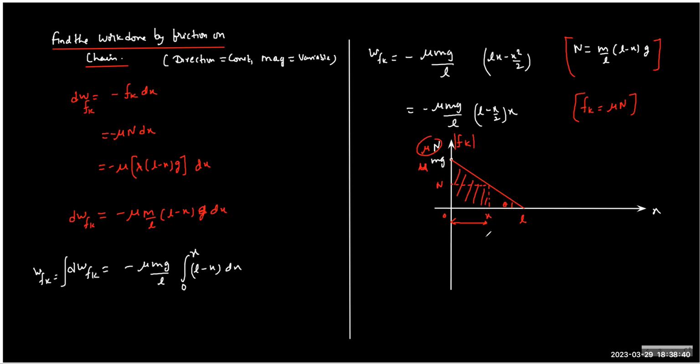So this area we can calculate, right? How? This area is, put a minus sign and put the area. Area is how much? Half into... it is like a trapezium.